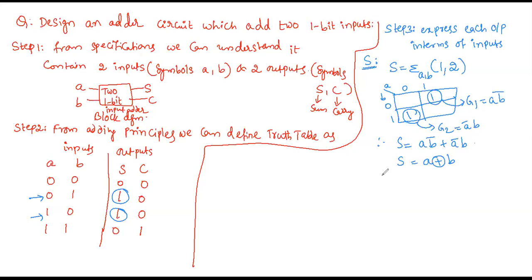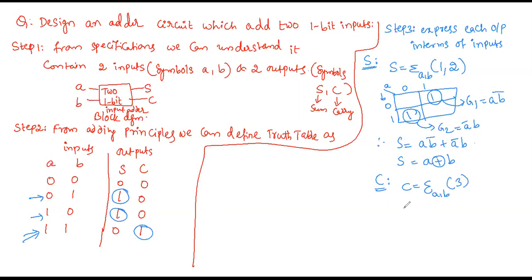Next, write down the C expression. Look at where C is 1. It is 1 when AB is equal to 1, 1. So C is equal to sigma of A, B where it is 1: when the input value is equal to 3, C is equal to 1.